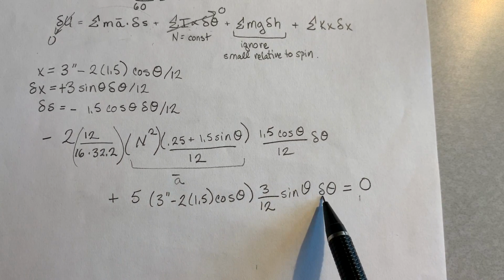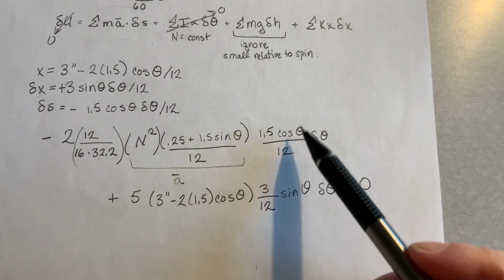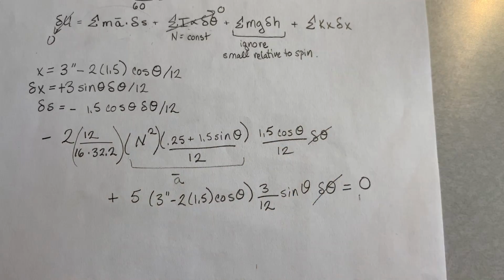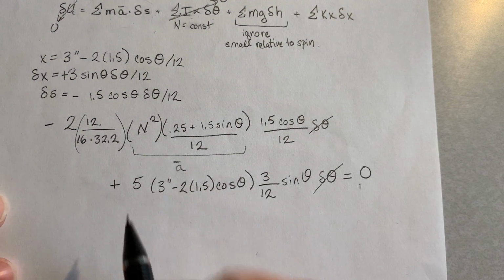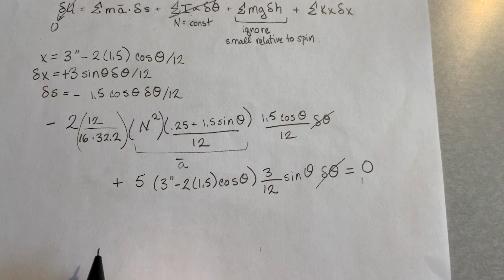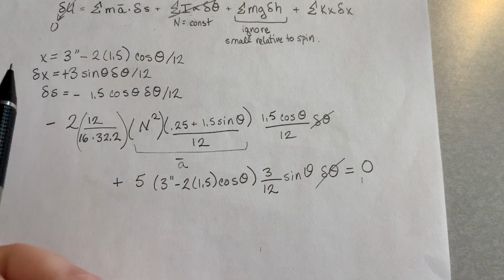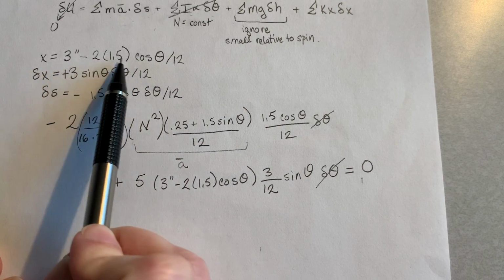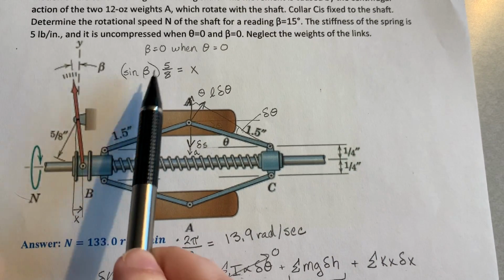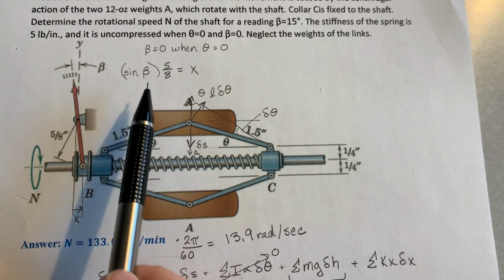Because we have a variation in theta and another variation in theta, they will cancel, and so we can just solve this. To do this, of course, you first need to find theta. For this problem, I found theta by setting x here equal to x up here with our beta terms.